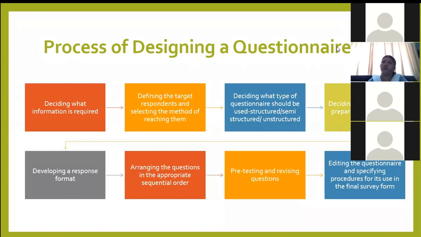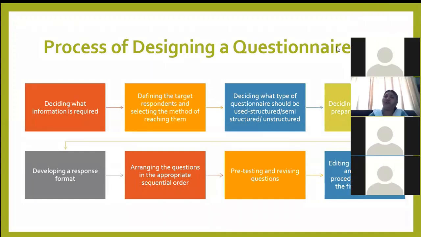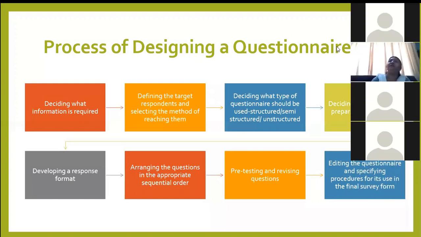We can pre-test the questionnaire, and once we collect the responses, we can understand what the defects of our already prepared questionnaire are. So pre-testing is very important. After collecting information from a few respondents, you can understand the defects, or the limitations, of your questionnaire.